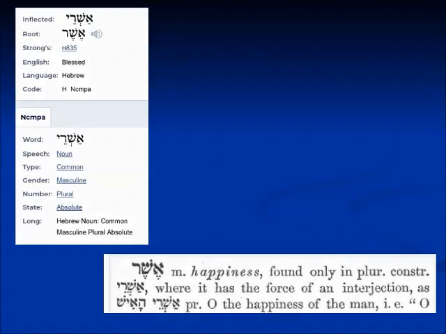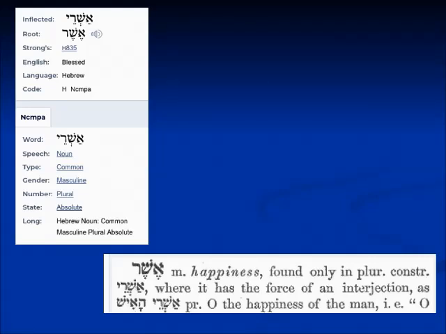And the other word that we often see that has this ending, which we associate with the masculine plural smichut, is ashrei, which means happy or blessed. If we look at the parsing, again, there's no mention in the parsing about construct state. It just says that it's an absolute masculine plural.